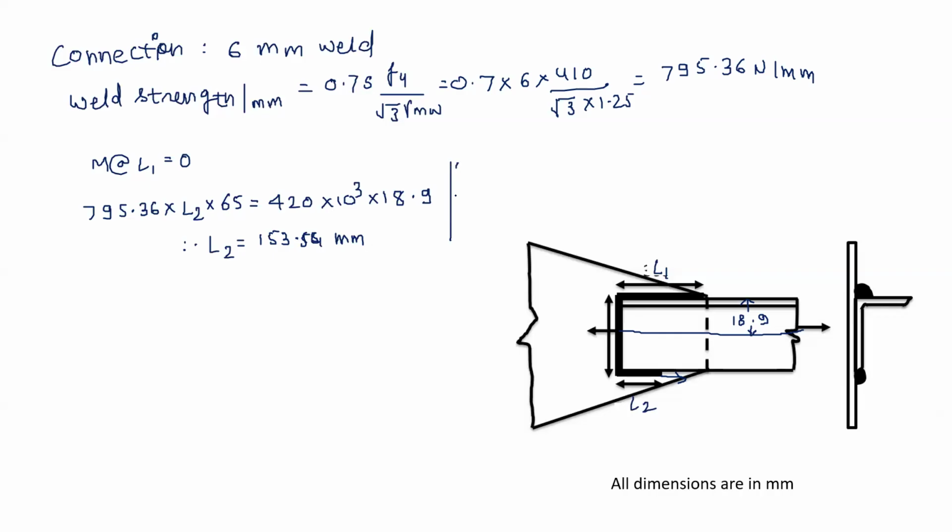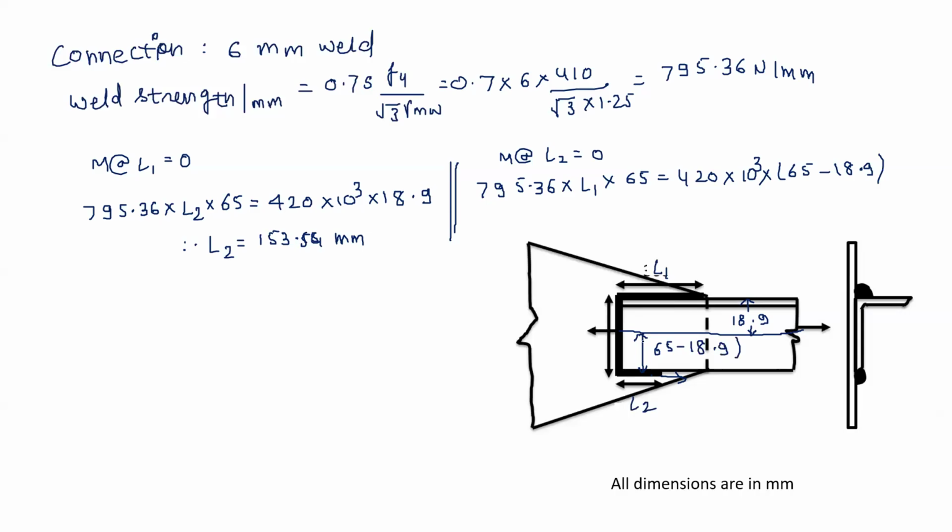Now we can have moment about L2. And then we have 795.36 into L1. This will be strength of weld. Again multiply by 65, which is equal to 420 into 10 raised to 3 into 65 minus 18.9. We are taking moment about this, so we have to take this distance, which is 65 minus 18.9. And then from this we will get, therefore, L1 that is equal to 374.52.